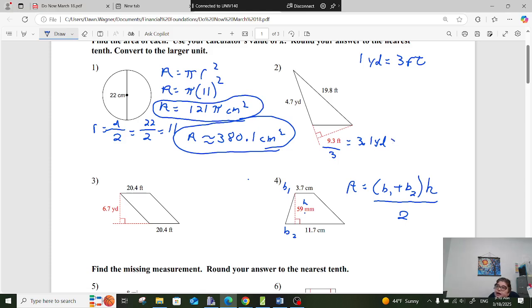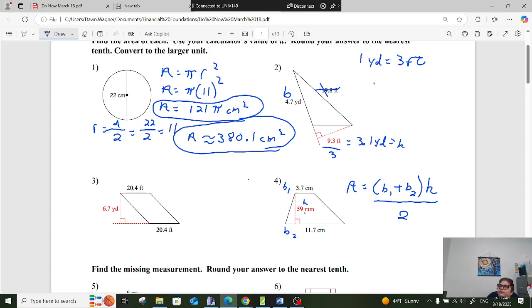So this is height. Which one is my base? 4.7 or 19.8? 4.7. This is base. I do not need this unless I was trying to find perimeter. I'm going to cross that one out because for area, I'm not going to use that one, right?